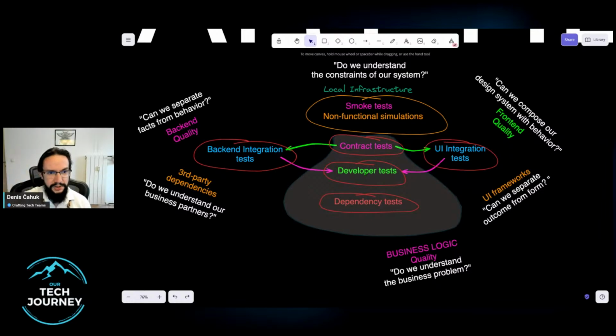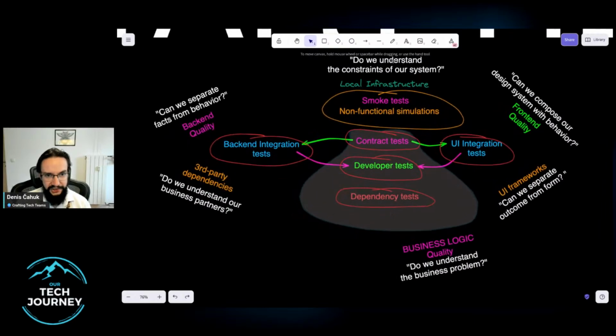Let's go clockwise. So I started this thing with two axes: the quality of backend and frontend, and the axis of infrastructure versus business logic. So it's back versus front on the horizontal axis, and local infrastructure at the top, and business logic at the bottom, right? So your left to right is a specialization of the developer.